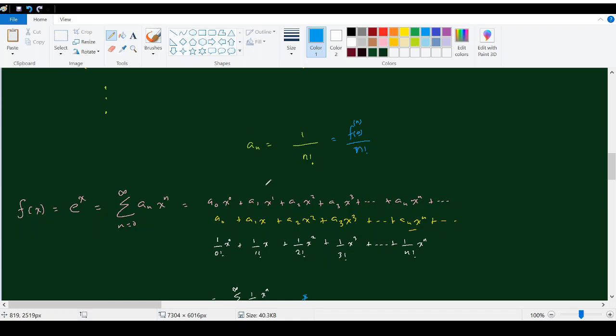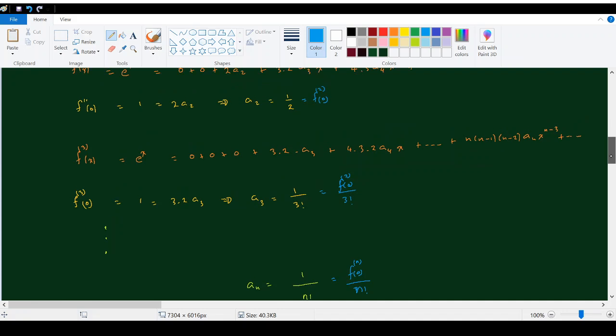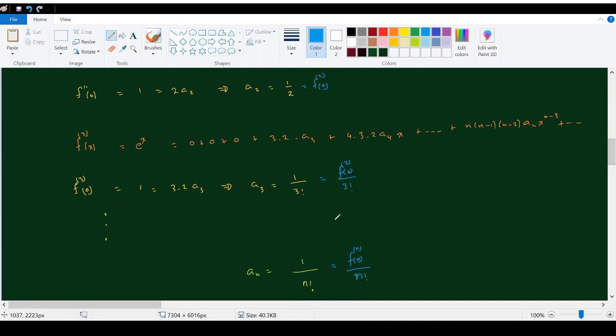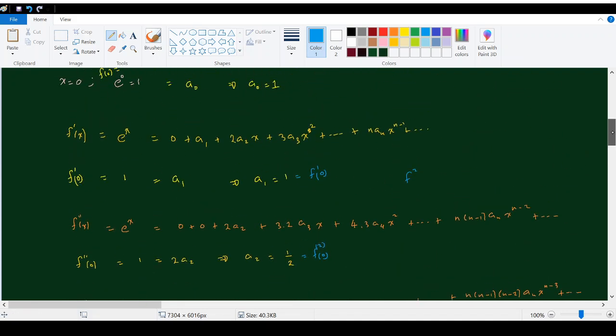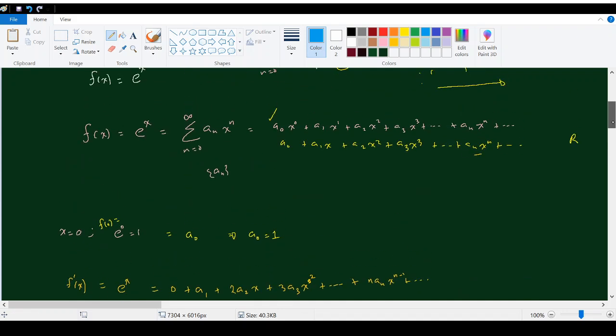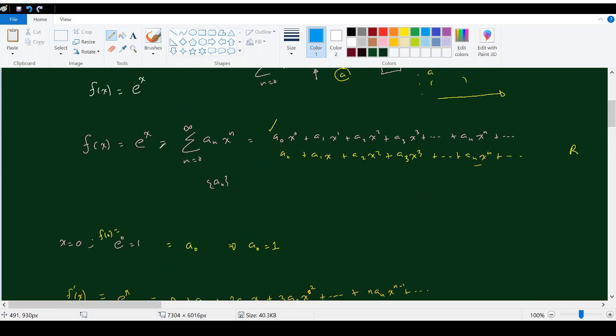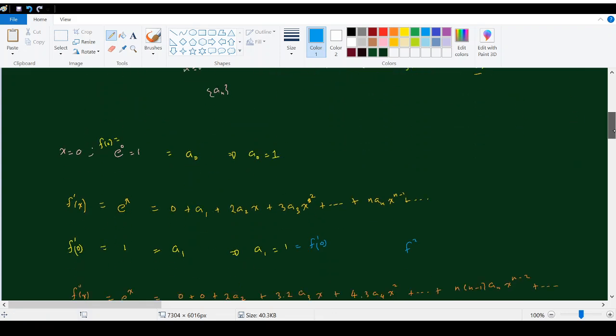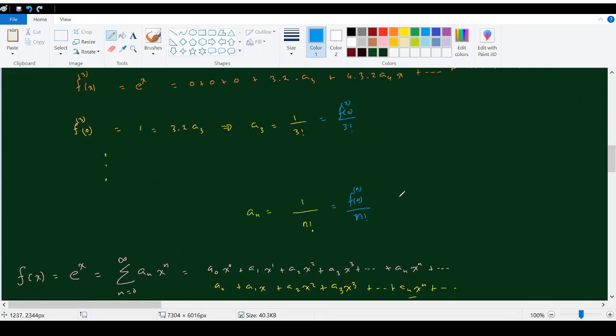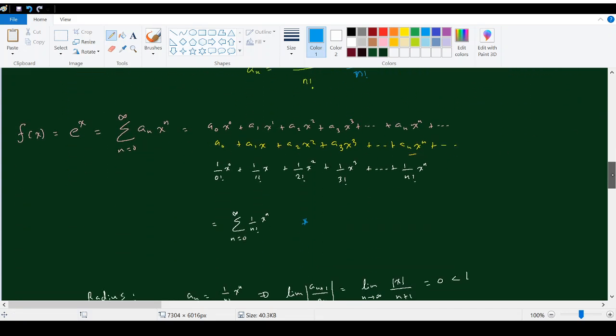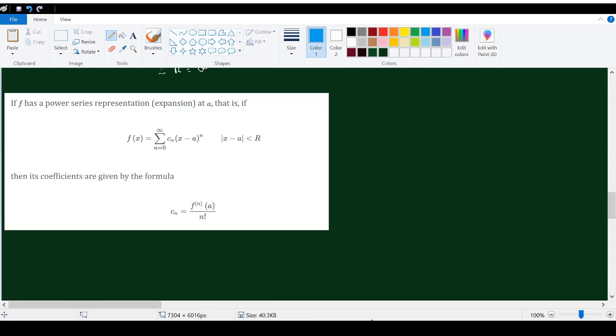We obtained a relationship for the nth term, and you can prove that no matter what function you use here, instead of e^x, no matter what function you have here, if it has a power series representation, the nth term will be given by this formula, right? So if I state it as a theorem, it will look like this, right?